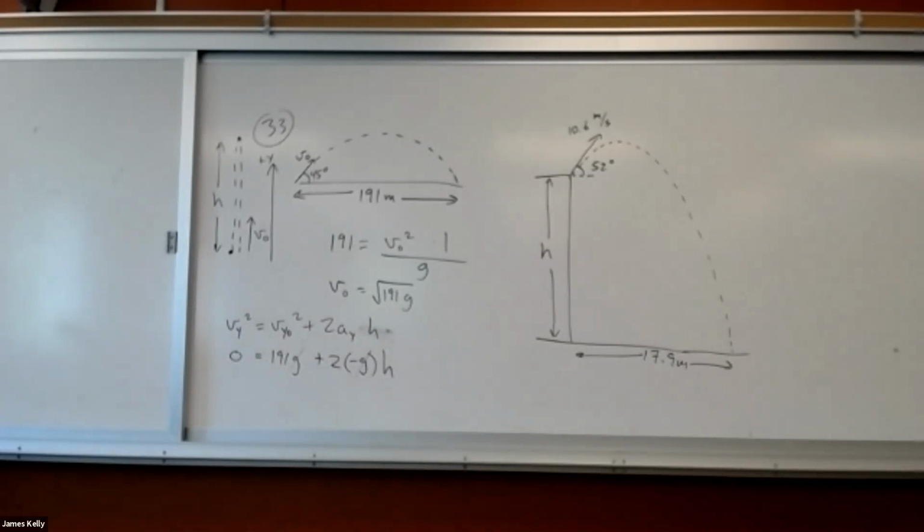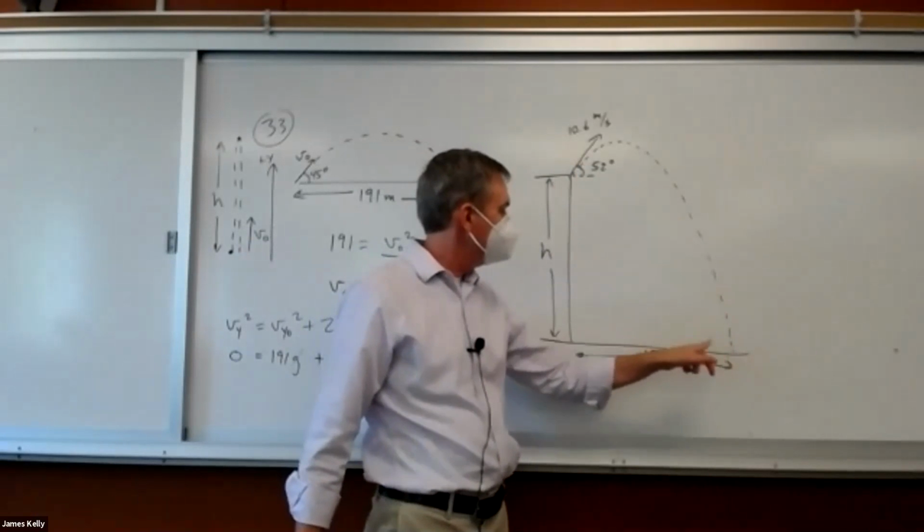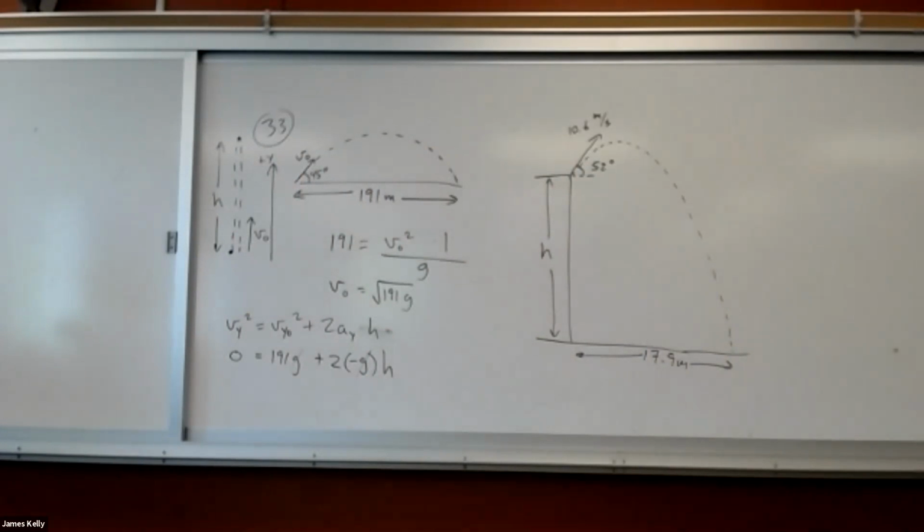What's h? All right, so I've got some information about the horizontal distance in between here and here, and I want some information about the vertical distance. How might I proceed?